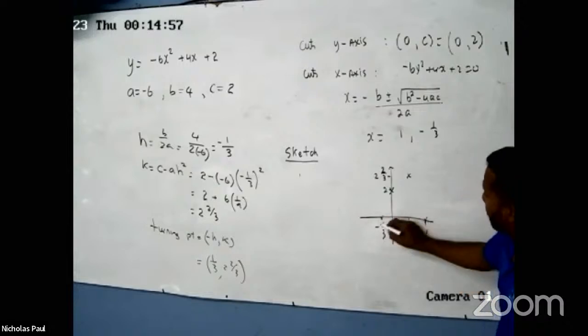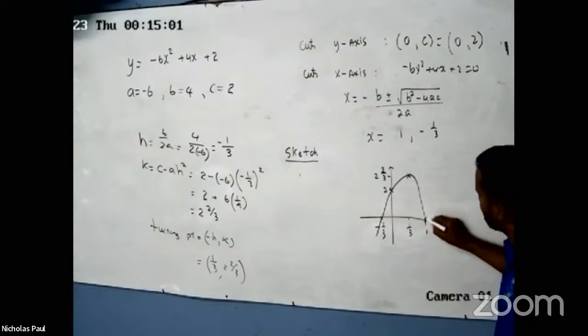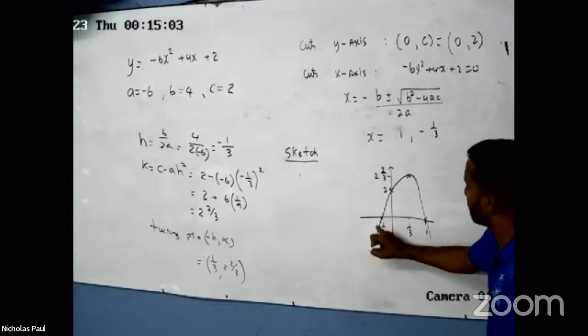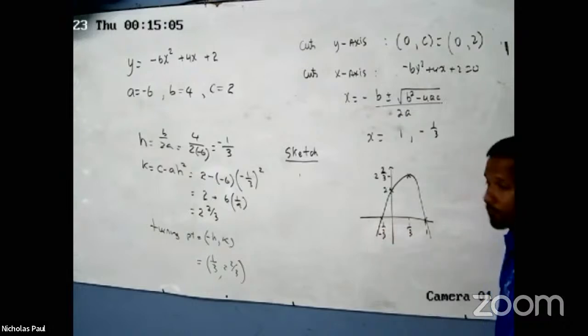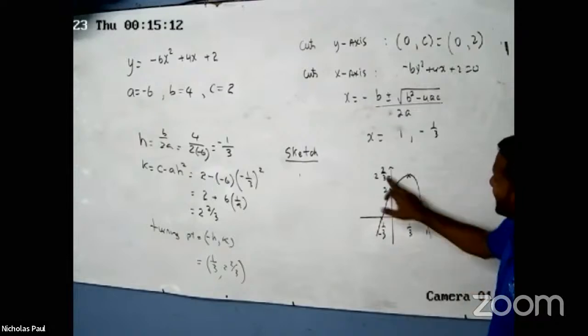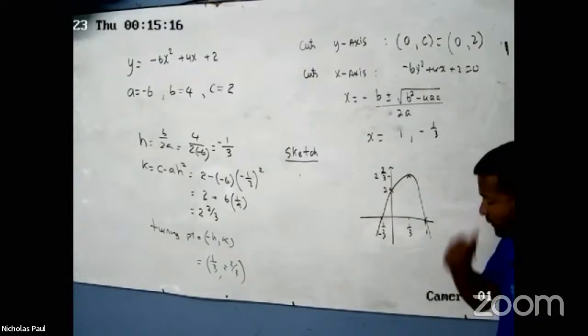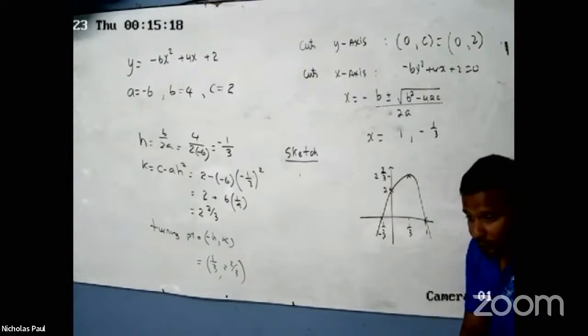So you have your 4 points, and you can connect it up now. Are you okay with that? See how it's labeled? Malaka, you see how it's labeled? Minus 1/3 and 2 and 2/3. Are you okay with that? There you go.